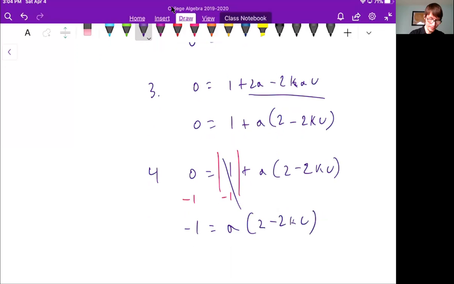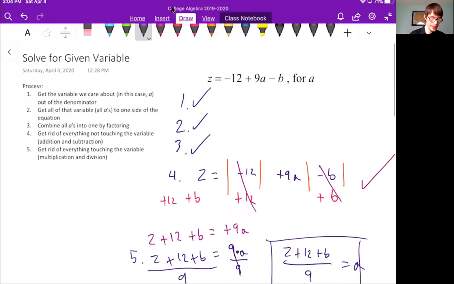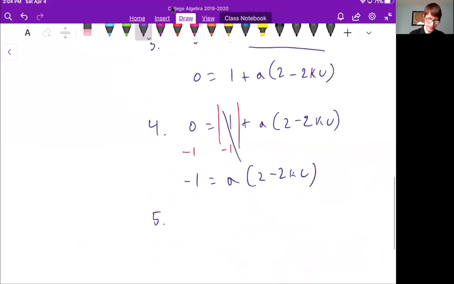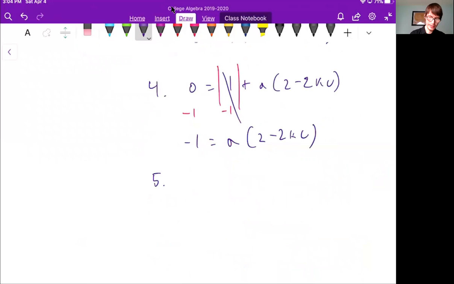Finally, that's step 4. So finally, we get on to the last step. We're going to get rid of everything that's touching the variable using multiplication and division. So what's touching this a? Everything in the parentheses is touching the a. So we'll get rid of the entire parentheses. It's being multiplied, so we will divide. We'll divide by 2 minus 2ku on the right side, but we have to do it to the left side as well.